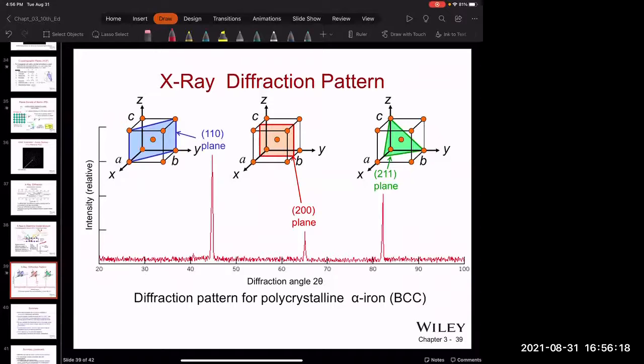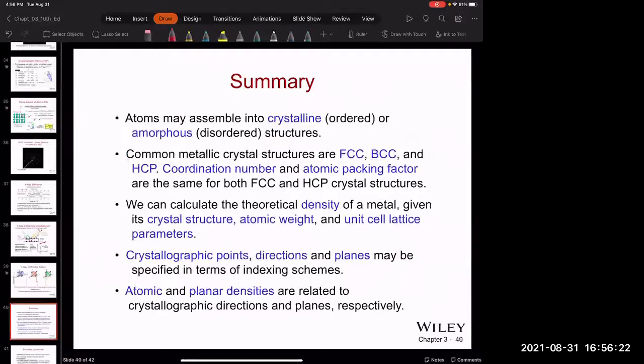When you do the homework, you're going to have this kind of problem, and there's an example in the textbook. I encourage you to read that example and work on the homework. You are also going to have a problem about X-ray diffraction to understand how we apply several things that we talked about before.